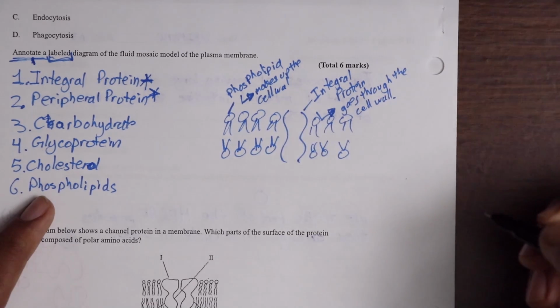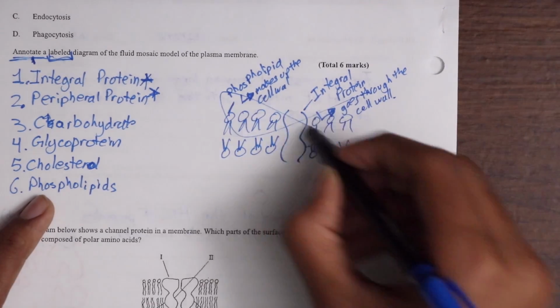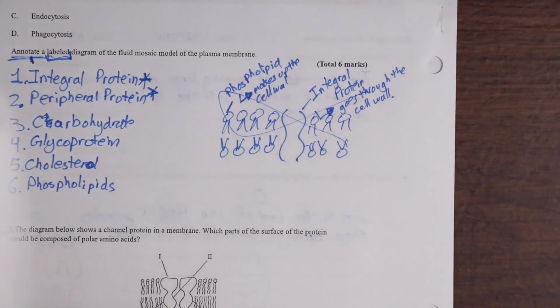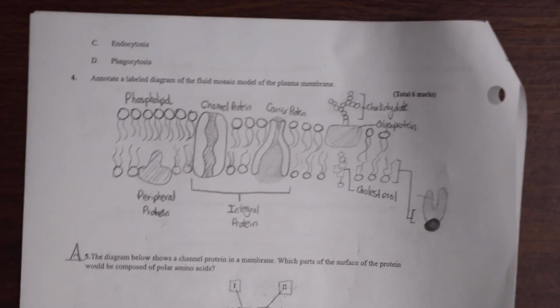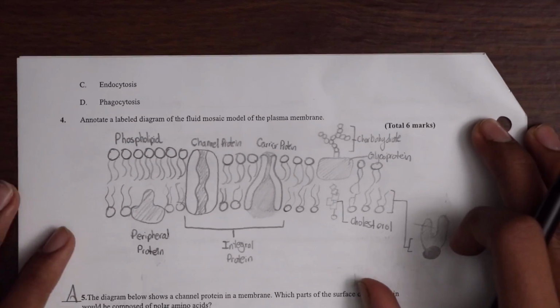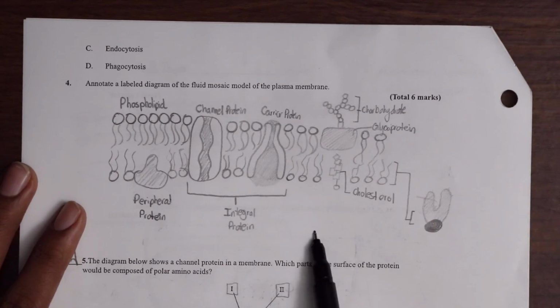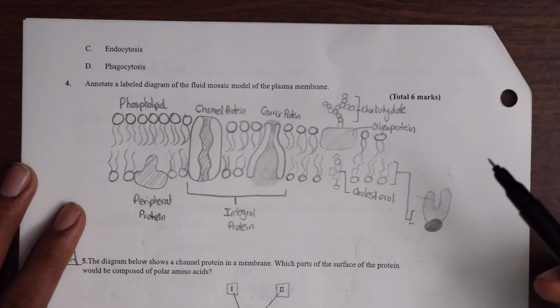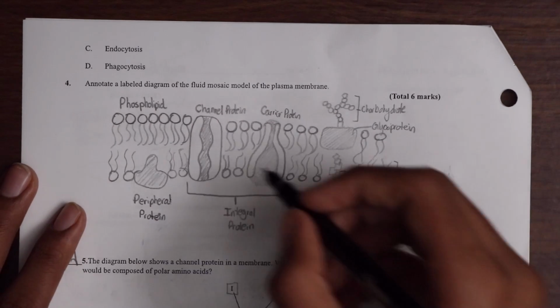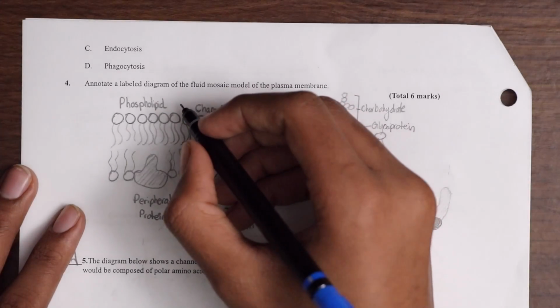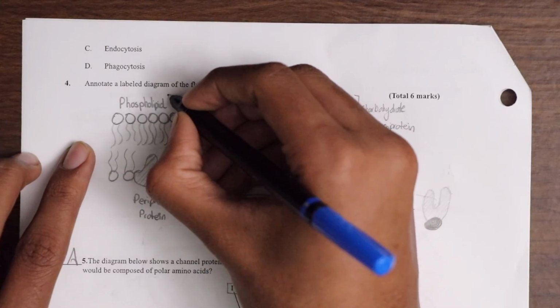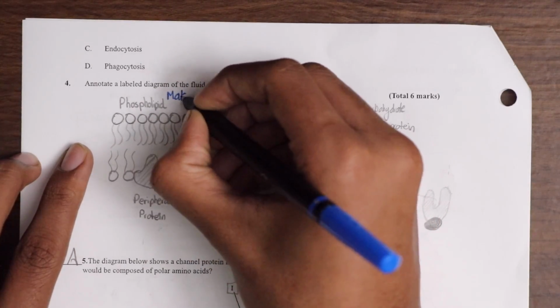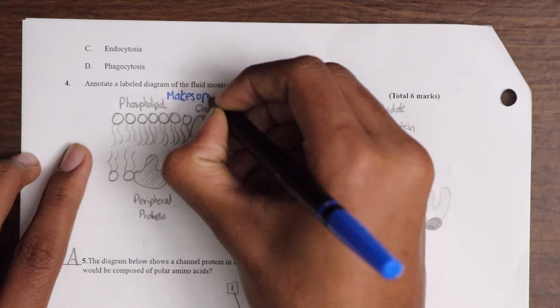Actually, you know what would be better? Let's look over here. I made a nicer one before. My actual one. So let's just annotate this. Let's take a second, look at this. It's in pencil, so it's kind of hard to see, but you can kind of get the basic understanding of this. So phospholipids make up the cell, so just write like makes up.